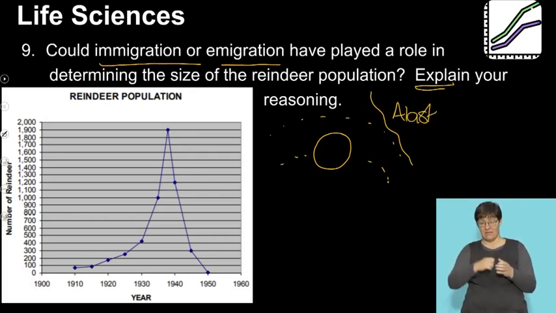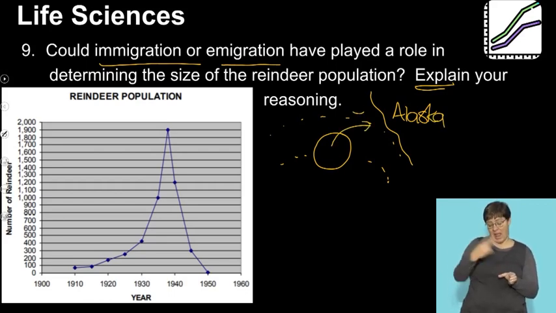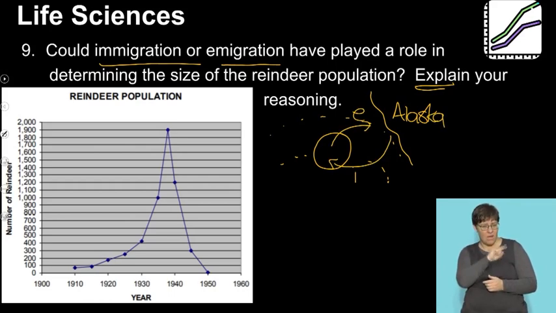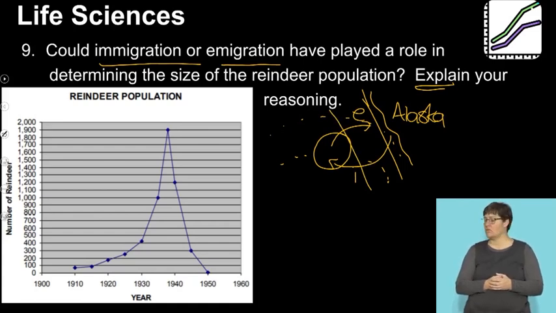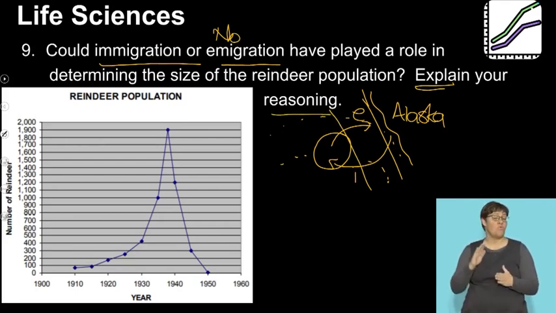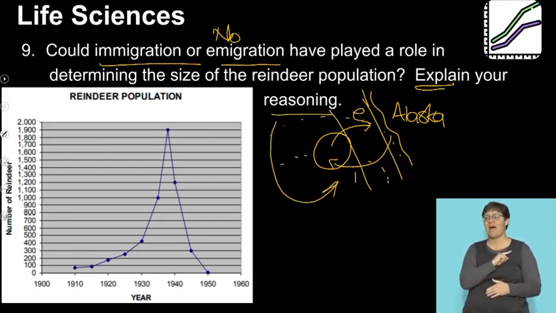And we know, therefore, that we could not have emigration or immigration because the reindeer cannot swim over the sea. So we know that no, immigration and emigration couldn't have played a role, and our reasoning is associated with the idea that St. Paul's is an island.